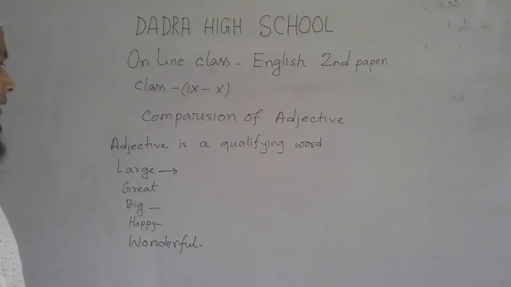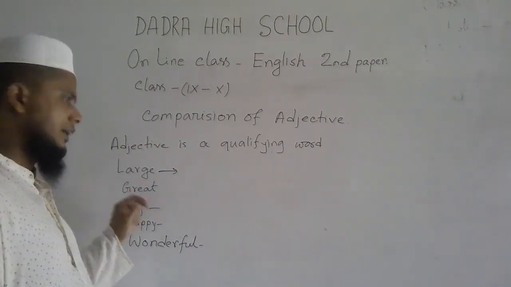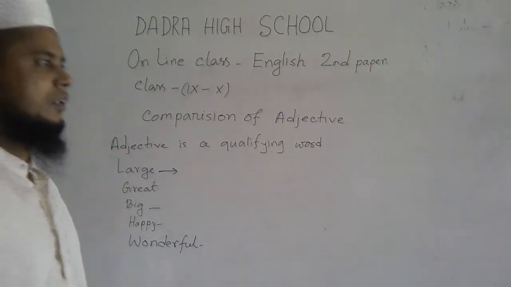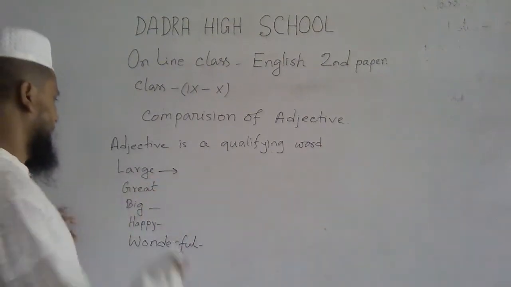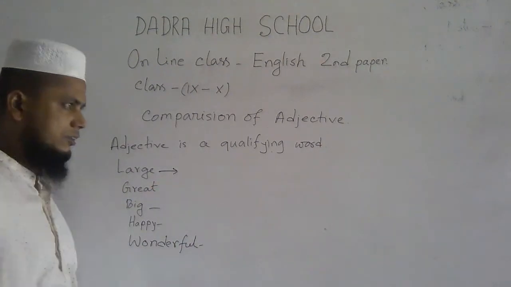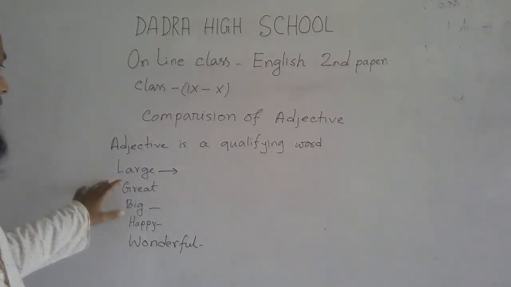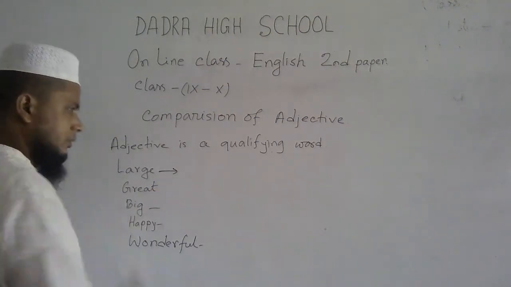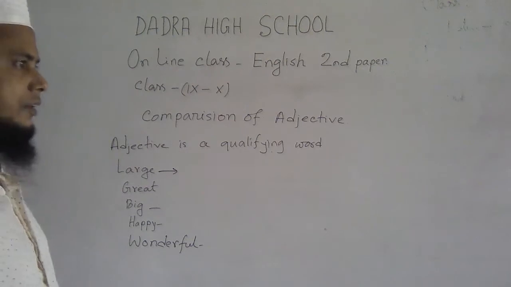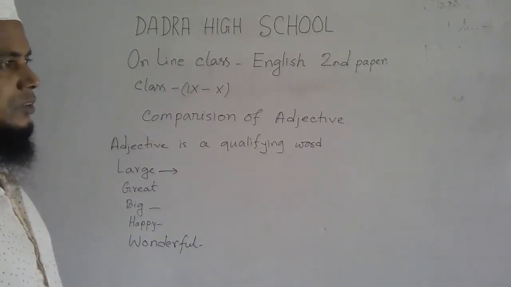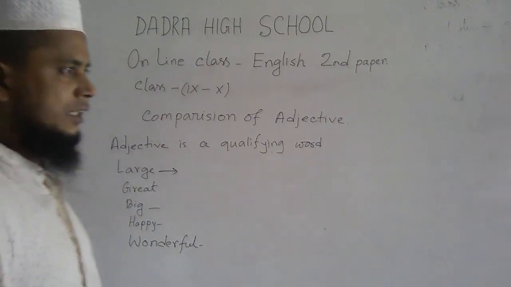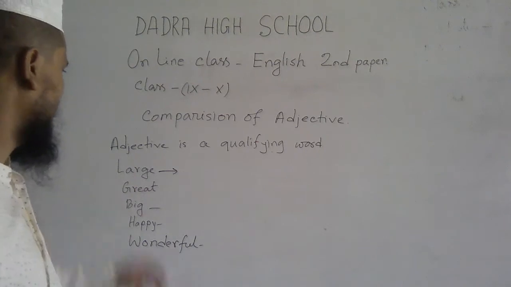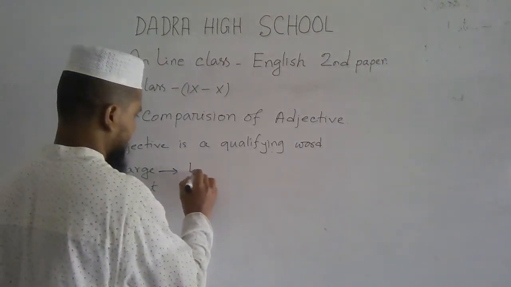This adjective ends with E, and E is a vowel, and before the E there is G, and G is a consonant. So if you want to change large, the positive form, into comparative form, you will add only R. That means in a monosyllabic adjective, if there is E at the end of the word, you will only add R to make it comparative, larger.